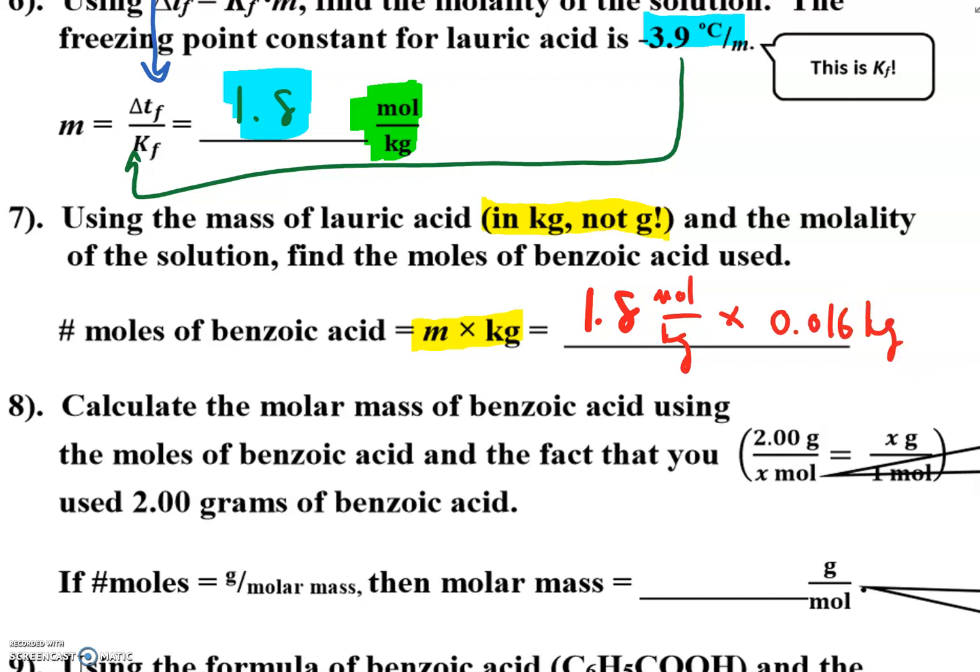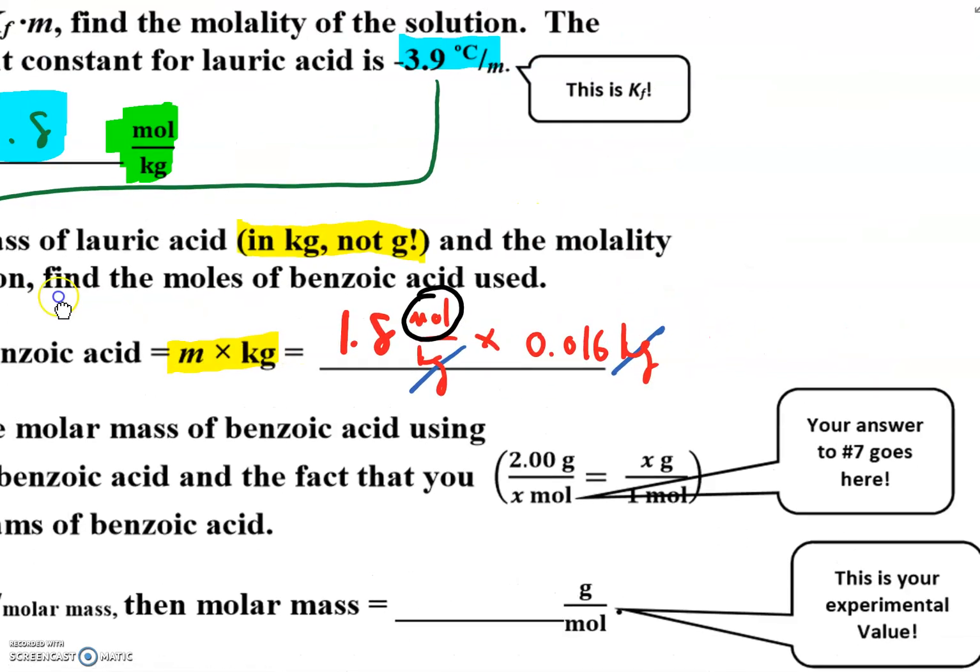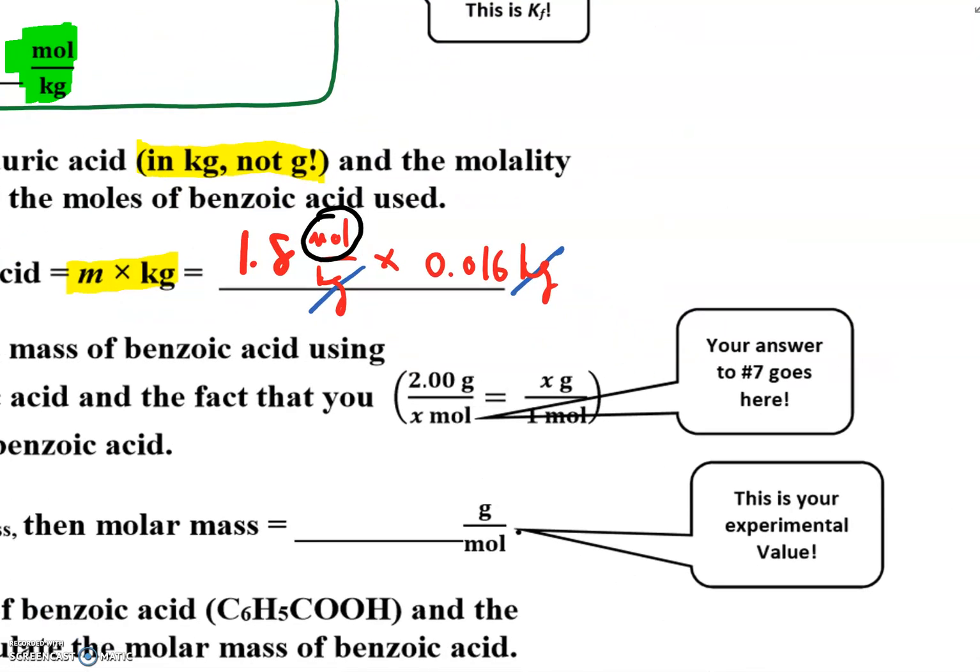For those of you out there that are following along, boop, boop, kilograms cancel. Leaves our answer in moles. So, how many moles of our solute do we have? 1.8 times 0.016 is 0.029 moles of benzoic acid.